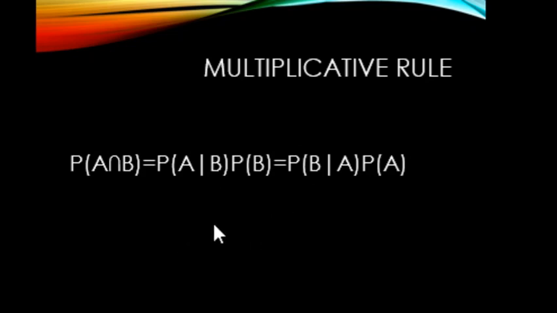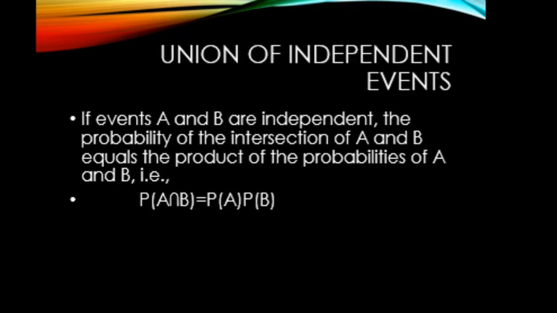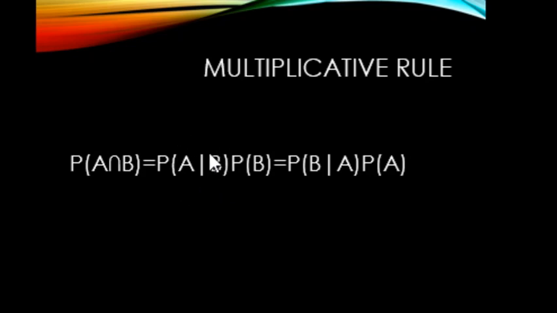Now let's see what happens if A and B are independent of each other. If you look here, A given B is simply probability of A, and B given A is simply probability of B. So we can find the probability of intersection of two events A and B by simply finding the product of the individual probabilities of A and B. This works for independent events because now, as you can see, the conditional probability doesn't apply anymore.